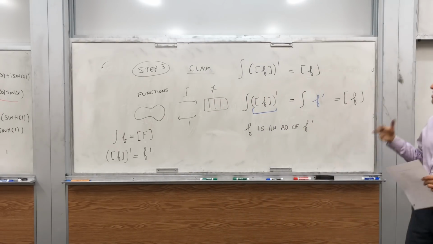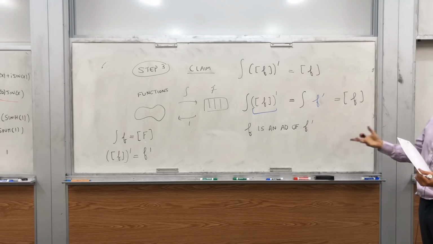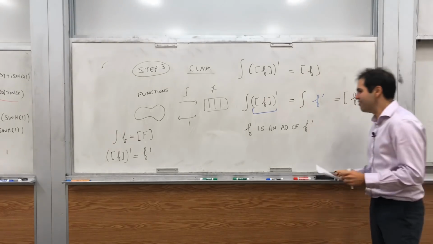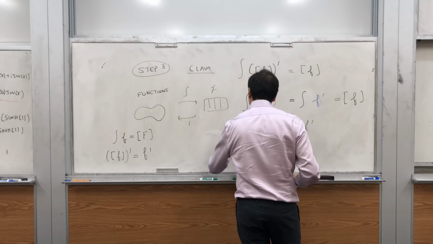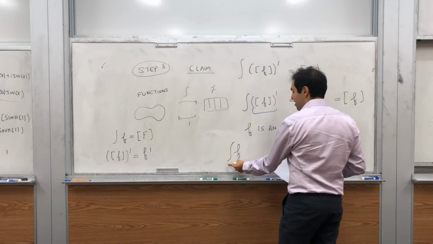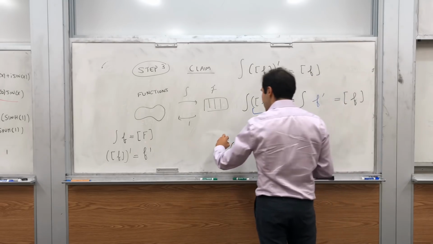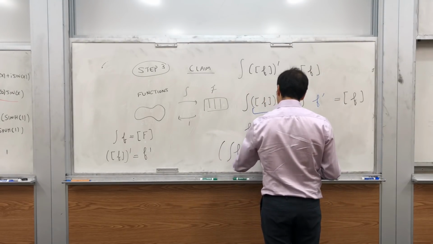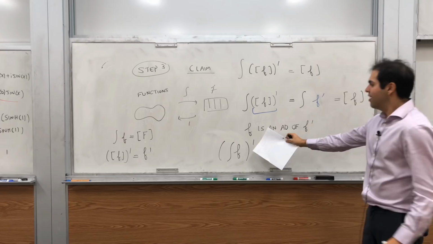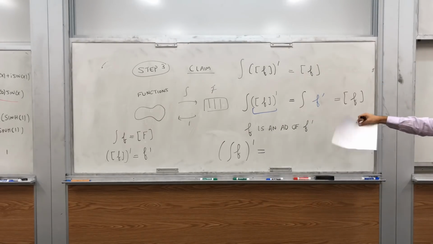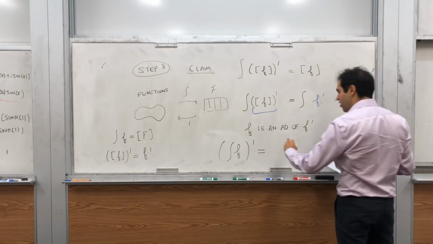Let's now show that the superderivative of the superintegral of f is just f, and very important, the superintegral of f gives you a country, and you differentiate that. Well, what is the definition of the superintegral?